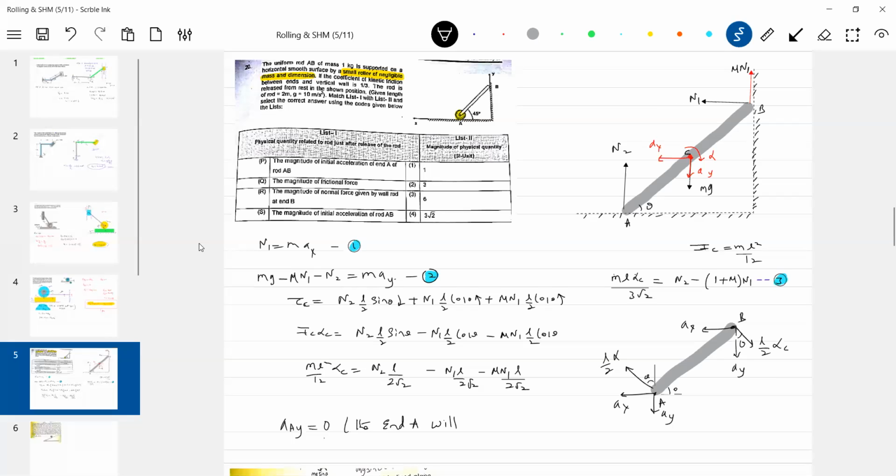The end A will be in contact with the floor. Okay, fine. So based on this, we can write ay is equal to L by 2 alpha cos theta.